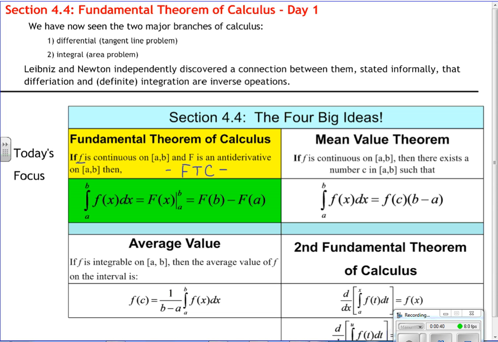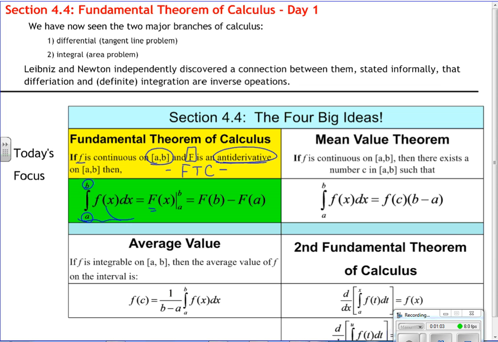If little f is a continuous function on the closed interval from a to b, and capital F is an antiderivative on a to b, then we can say that the definite integral, because we've got a lower limit of a and an upper limit of b, is equal to capital F. And remember, capital F is this antiderivative.